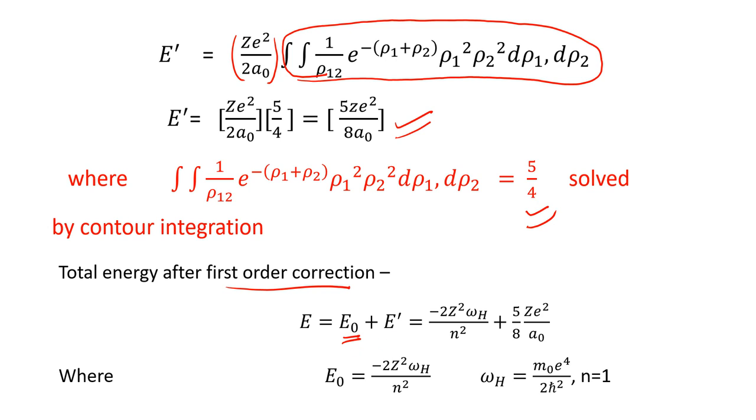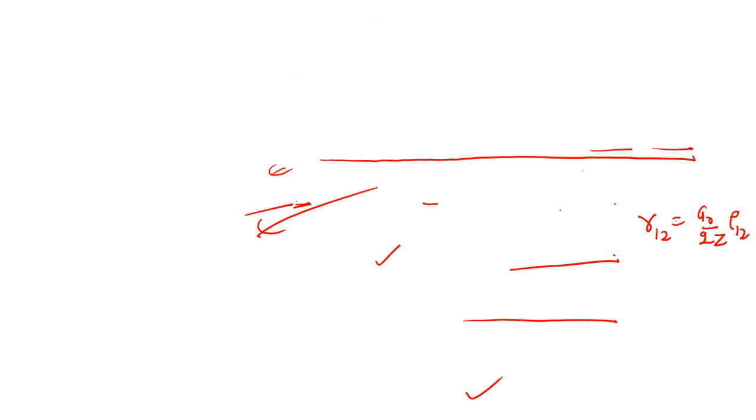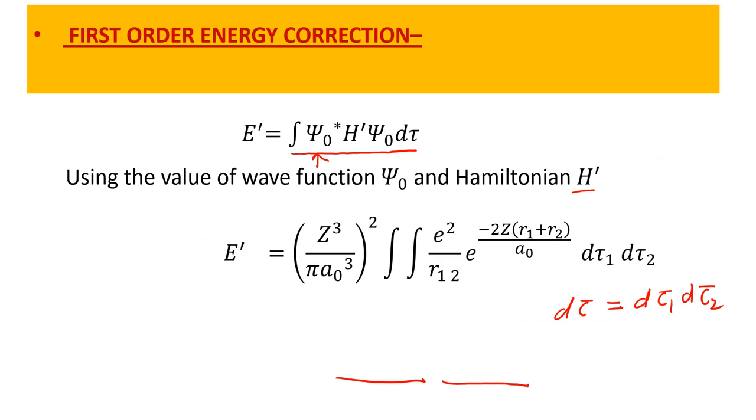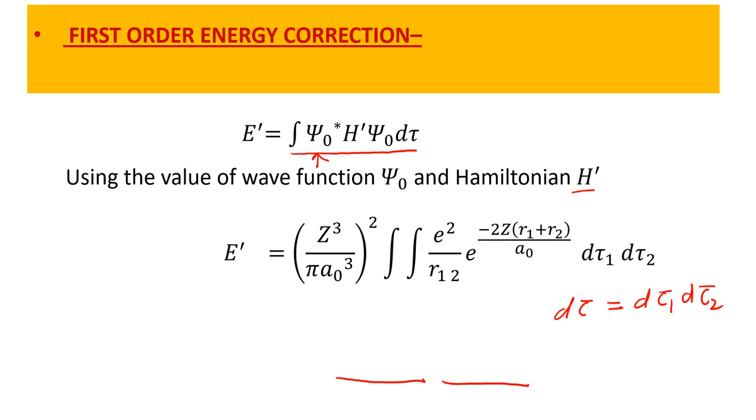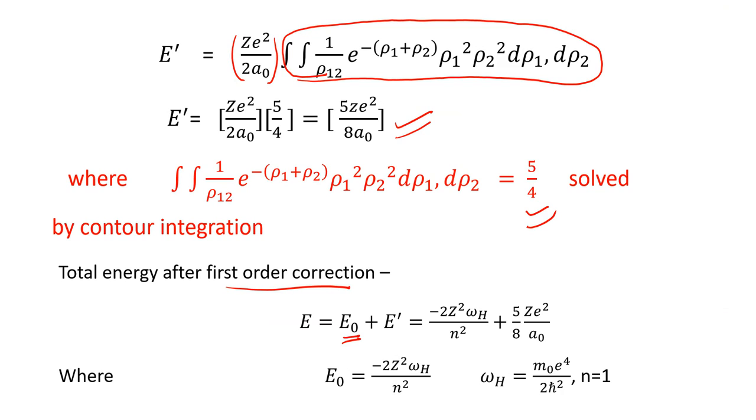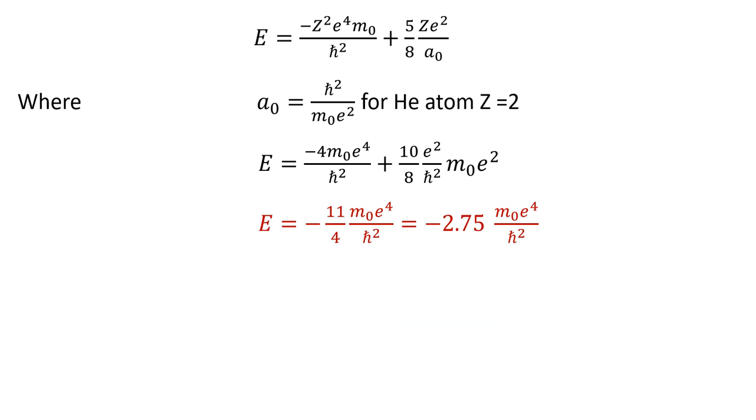The value of E naught is given in the last expression. So you will get the value of 2Z squared omega h upon n squared, and this is the total energy after correction.